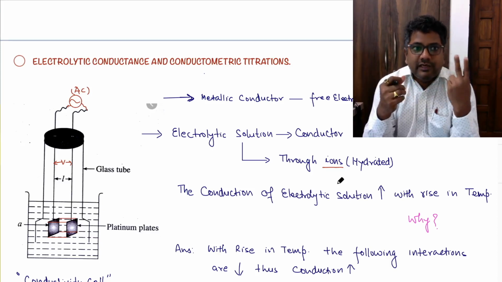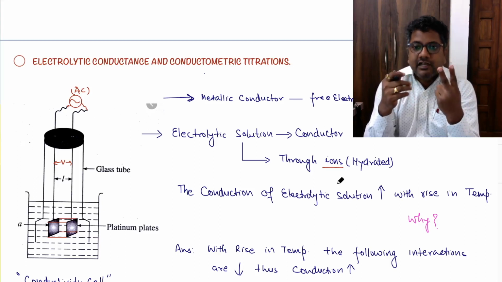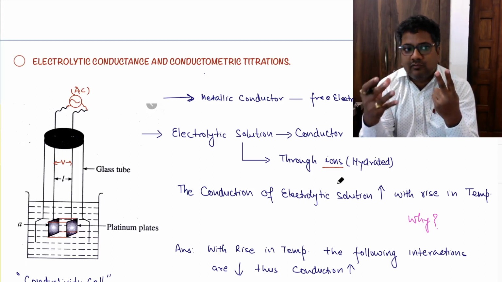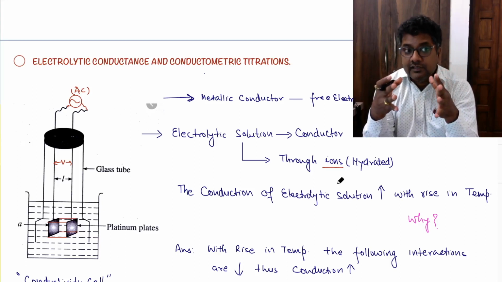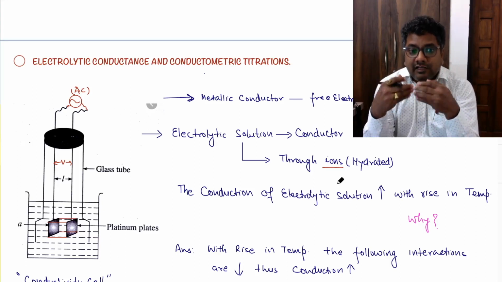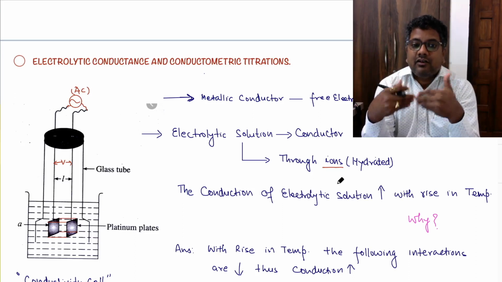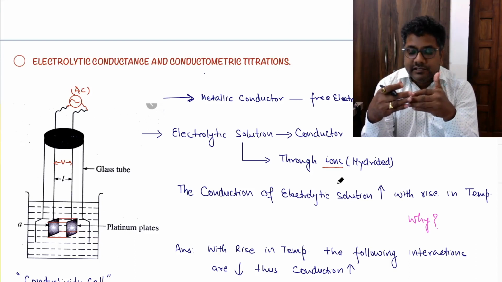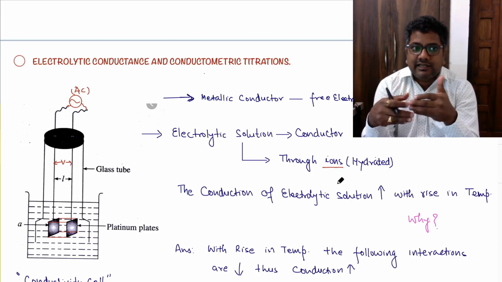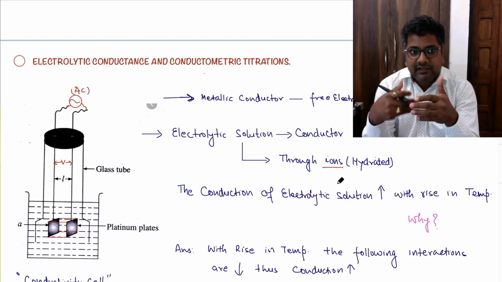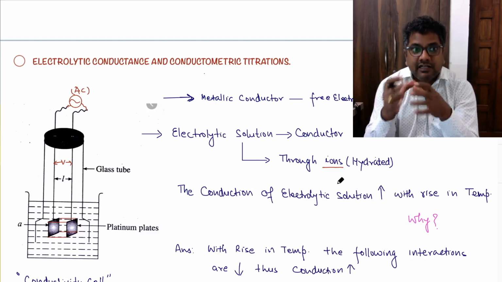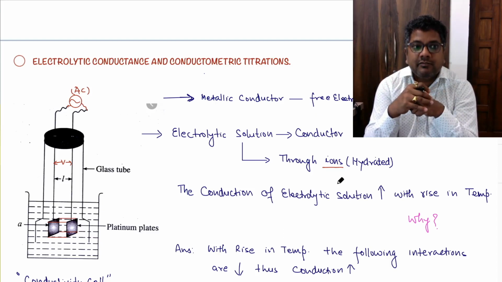There are two ways to eliminate the conduction by the ions of the water molecule, because when you experimentally determine the overall conductivity of the solution, we cannot eliminate this H+ unless we make some provision for that.